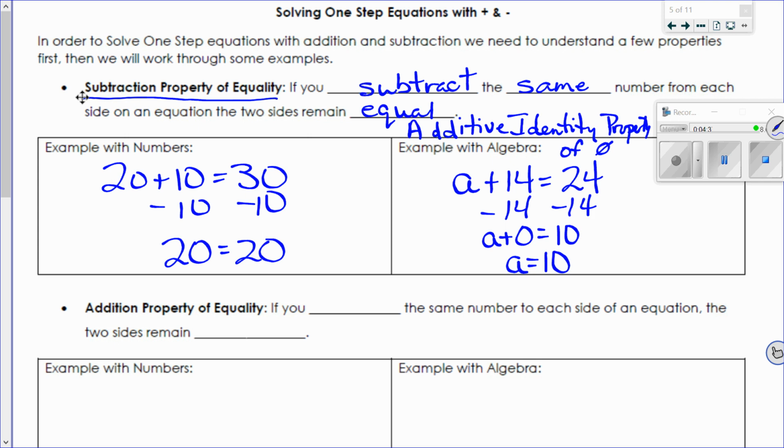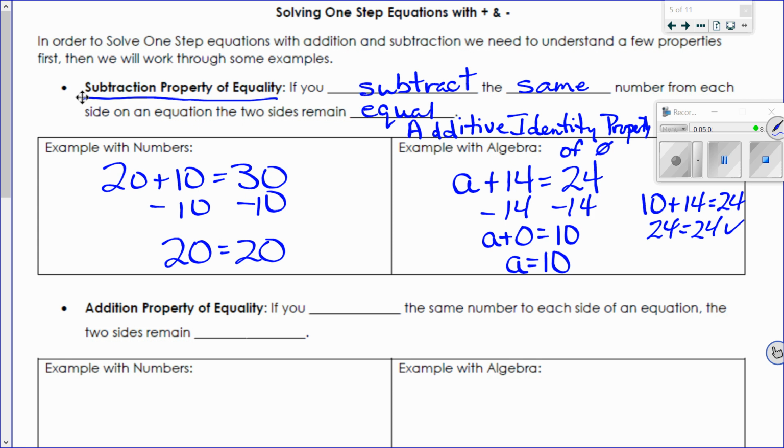Just to check, and here's a nice thing about these properties and this type of work, you can actually guarantee yourselves an A+. Because all you have to do is check. I substitute my value back into my equation. 10 plus 14 equals 24. Does 24 equal 24? Yes. Check.